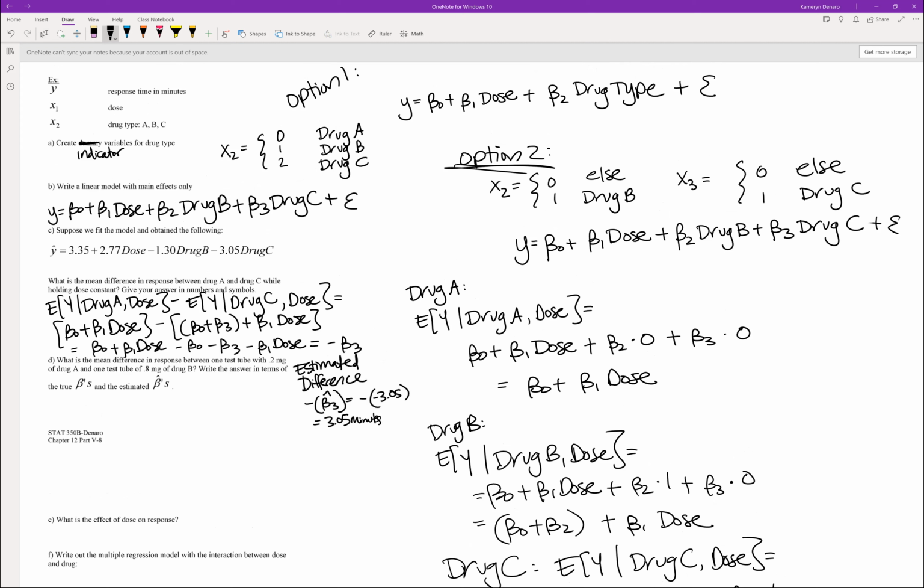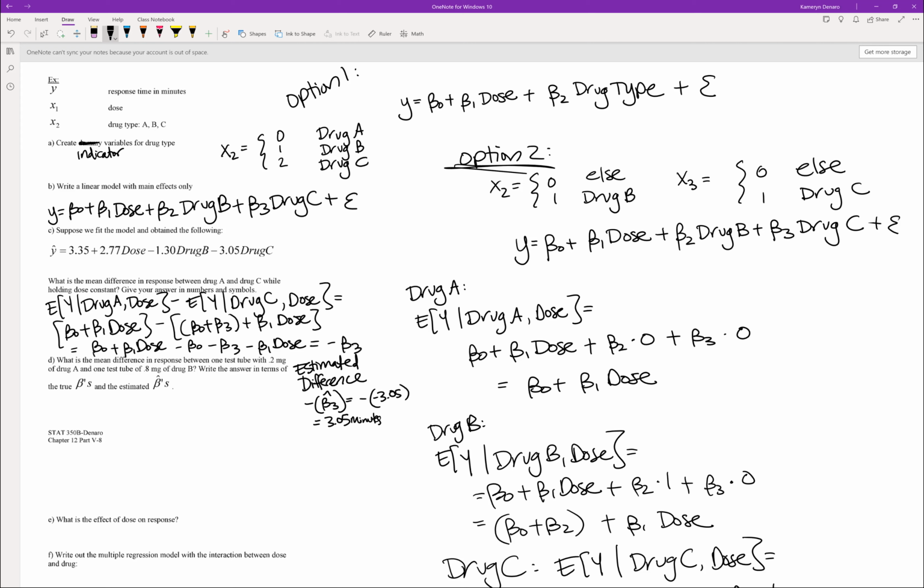Okay. What is the mean difference in response between one test tube with 0.2 milligrams of drug A and one test tube of 0.8 milligrams of drug B? Write the answer in terms of the true betas and estimated beta hats.